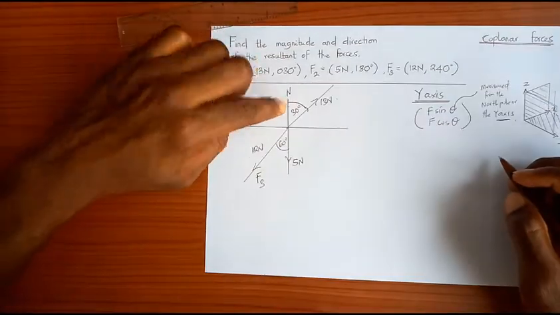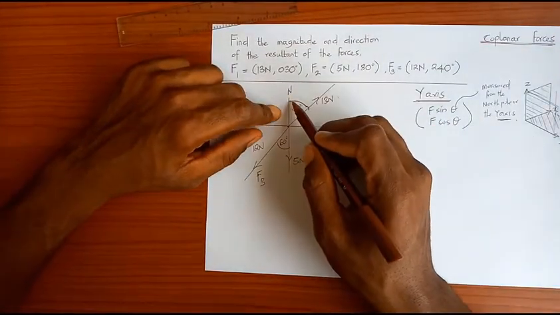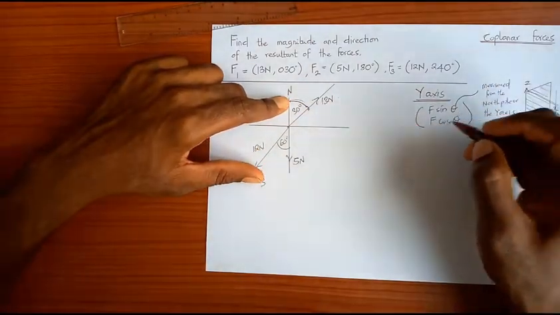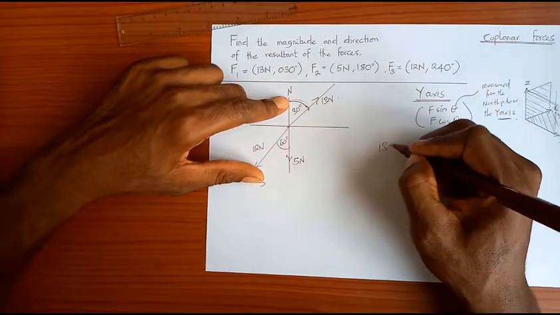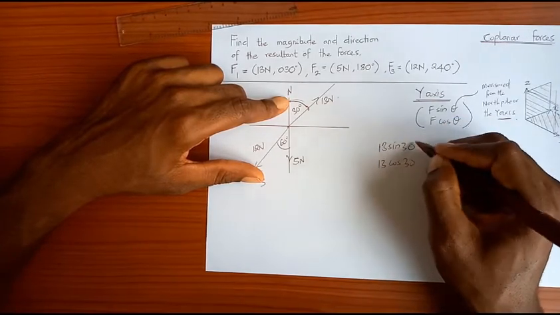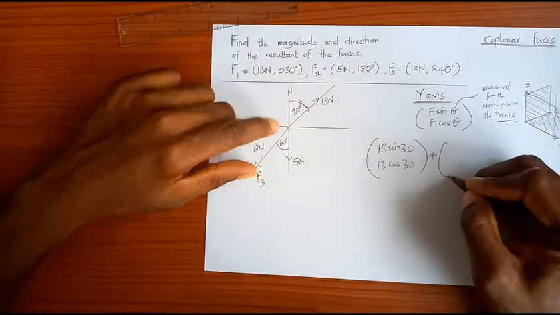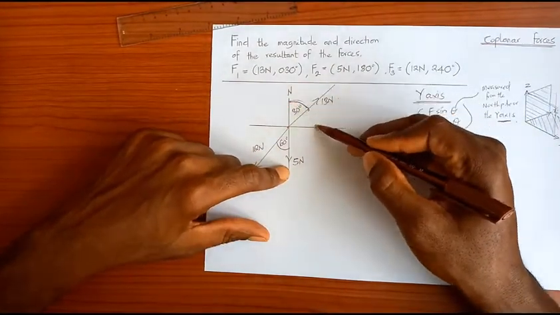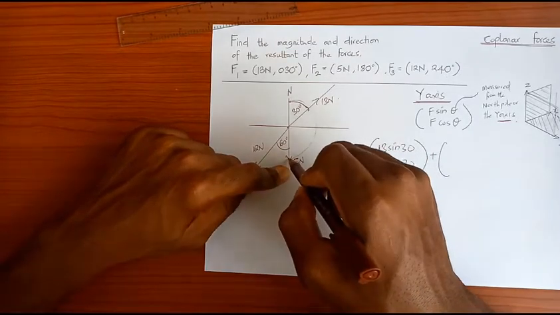Okay, so let's go. From the y-axis, I have my angle from here to here for the 30 newtons force. So it's 30. So I'll get 13 sine 30, 13 cos 30. My second force is 5 newtons. It will go from here all the way to the 5. That's 180.